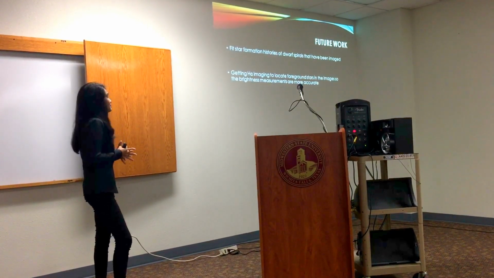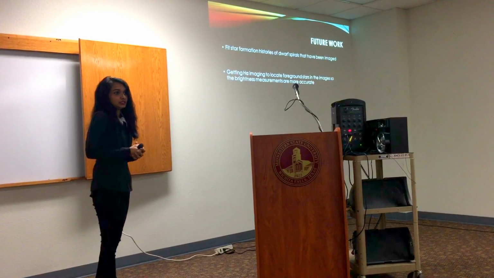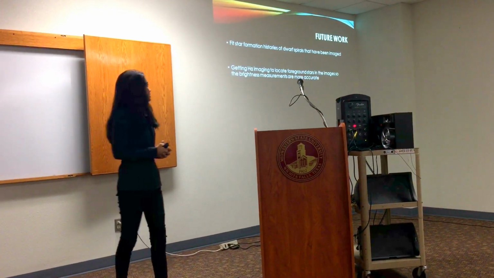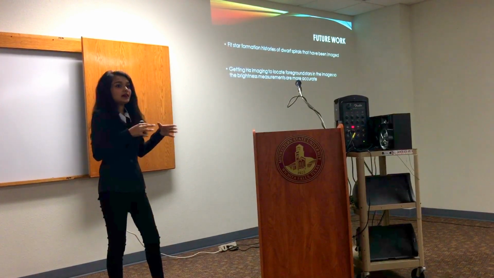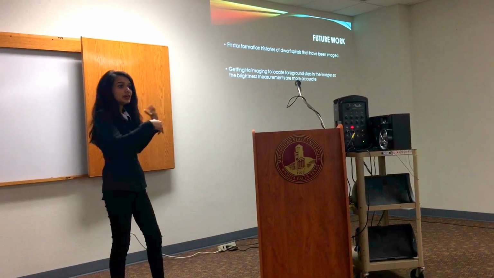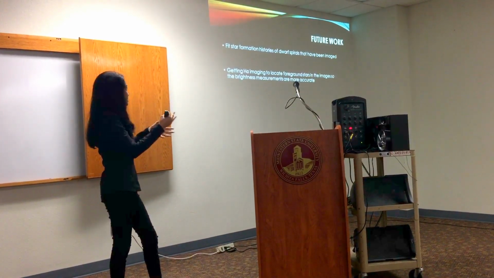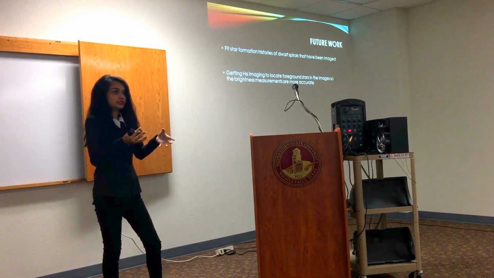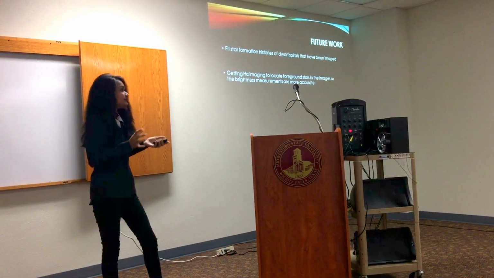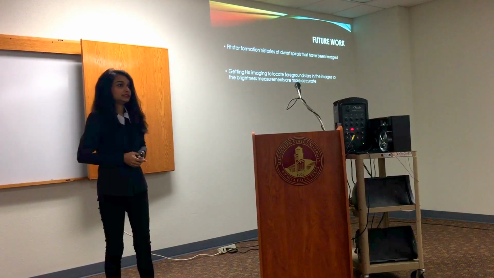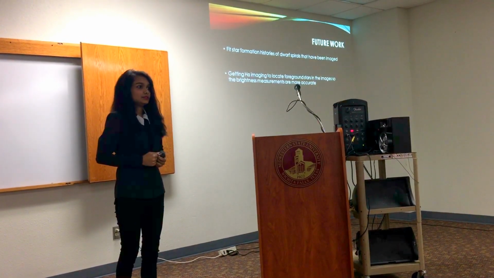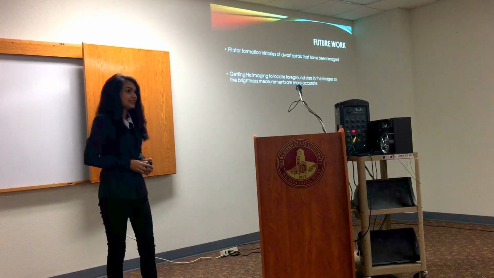This can be done by getting H-alpha, hydrogen alpha, imaging. By that, you can locate the foreground stars in the galaxy and subtract them from the galaxy's image, and get better brightness measurements for our dwarf spiral galaxies.